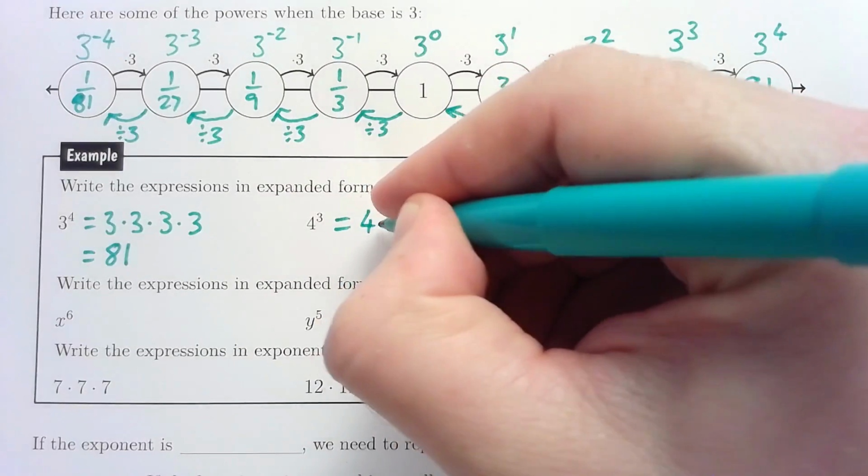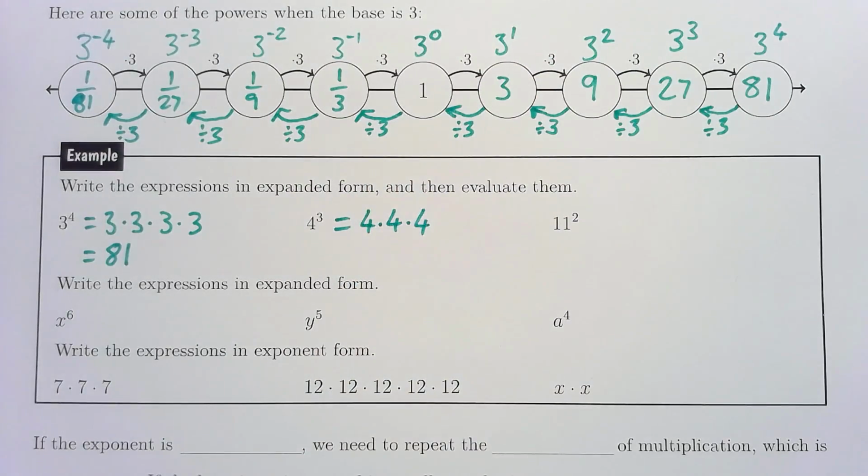This is 4 times 4 times 4. Our base says which number we're multiplying, and our exponent, 3, says how many times we multiply it. This is 64. 11 to the power of 2 is 11 times 11, which is 121.